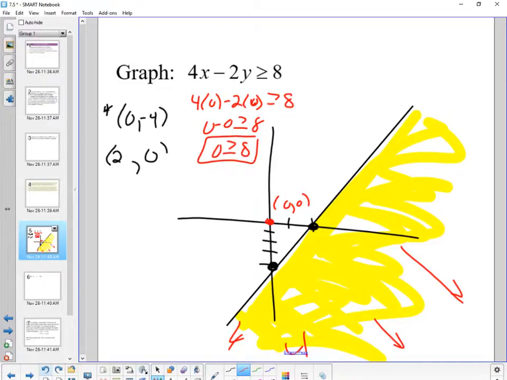So my answer can't be here. It's going to have to be on the other side. Now, if you want to double check that, cool, do it. It's actually too much work. You have to know where the solution set is, and then you tell it where to shade, but not fun. The only time we use that is if we're doing work and we turn it in printed.